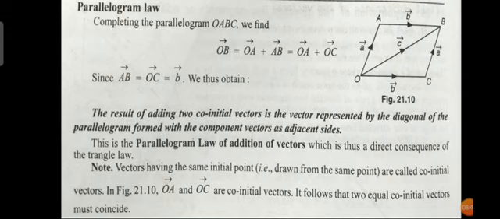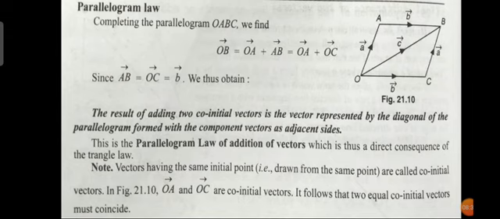So completing OABC, we have drawn triangle OAB. We can complete that triangle by extending to a point C, with OC and BC as the two sides extended parallel, which completes the parallelogram OABC.